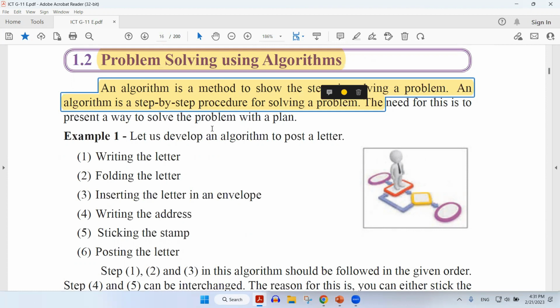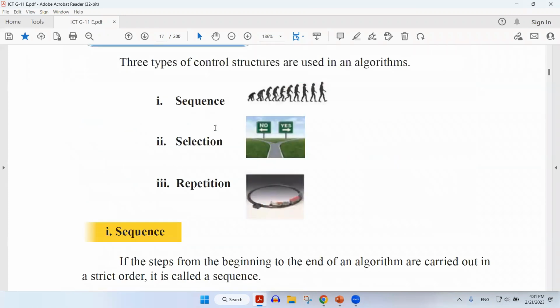When an algorithm is illustrated, it may use the above mentioned concepts, within brackets, sequence, comma selection, and repetition.